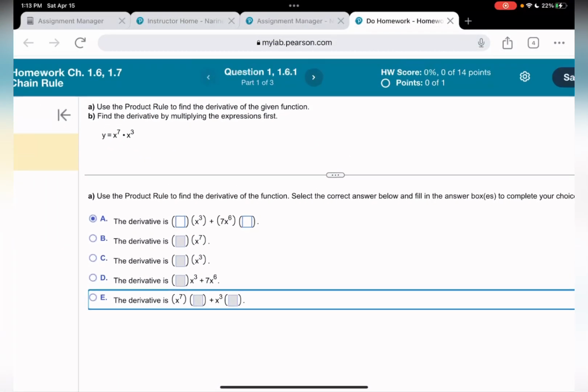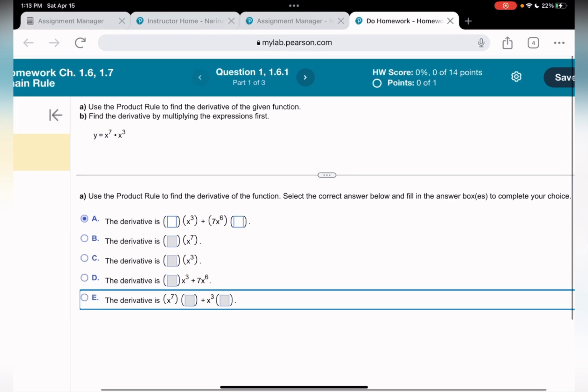So first question is, we need to find the derivative. Which one do you think it's going to be? I have to have x to power 7 times the derivative of x cubed, and then x cubed times the derivative of x7. So looks like it's going to be either A or E, right? Because we have a sum, addition, and multiplication.